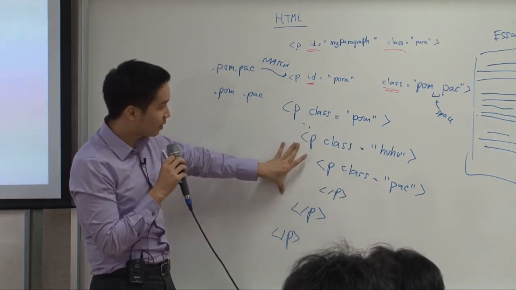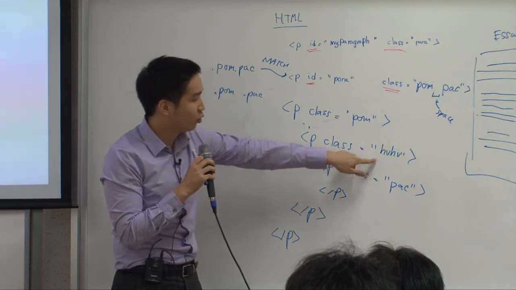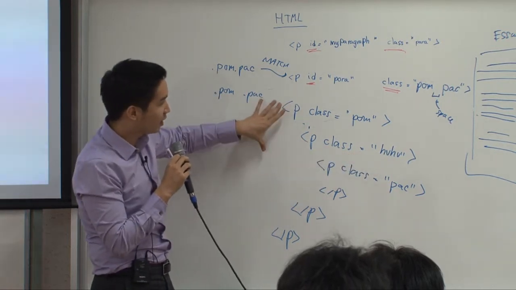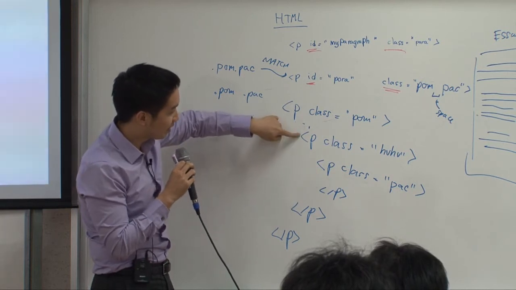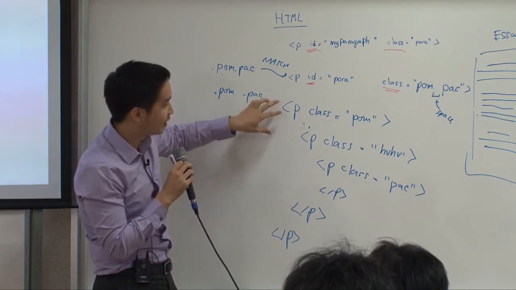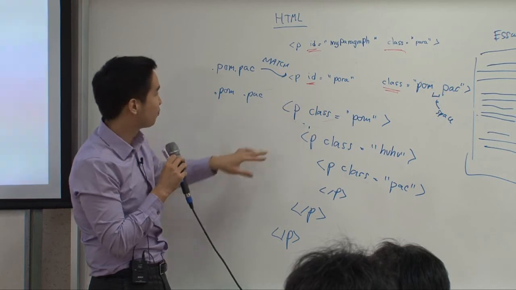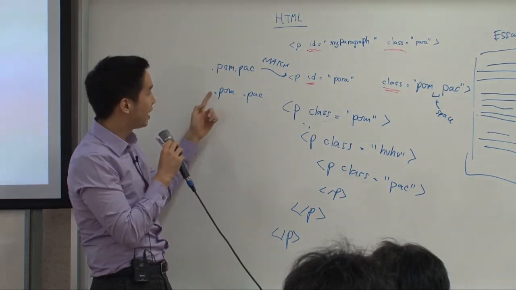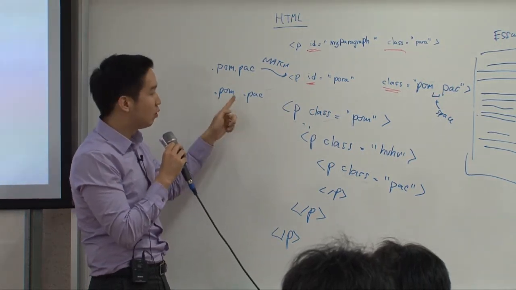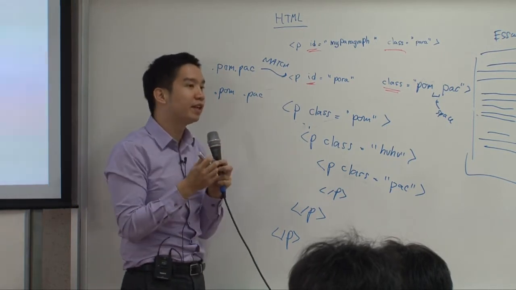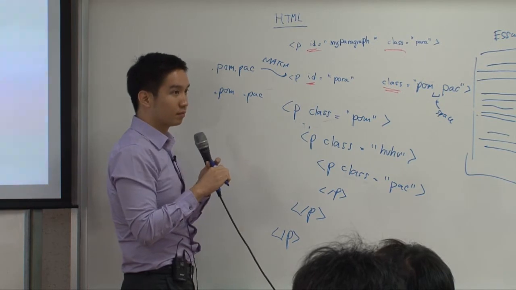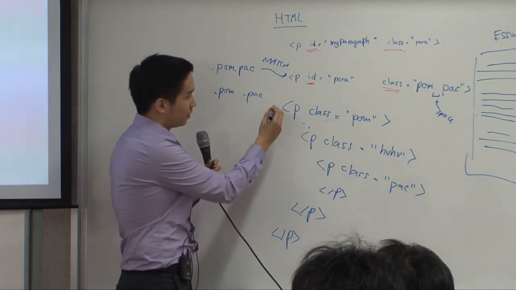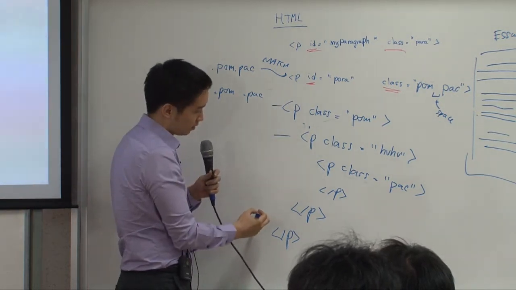We have another paragraph tag, another paragraph tag, POM. So this is embedded within this, and this one is embedded within this one. My next question is, when you apply .pom .pack, will it match? Which one do you think it will match? This one, or this one?